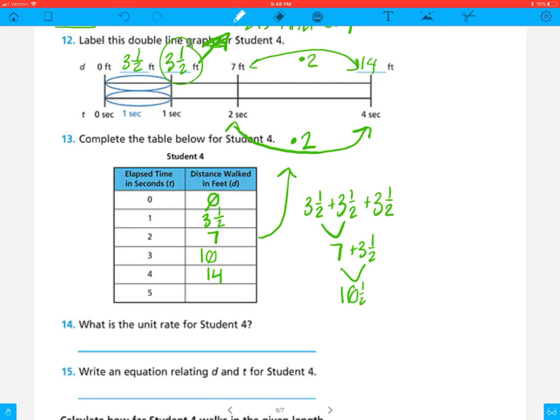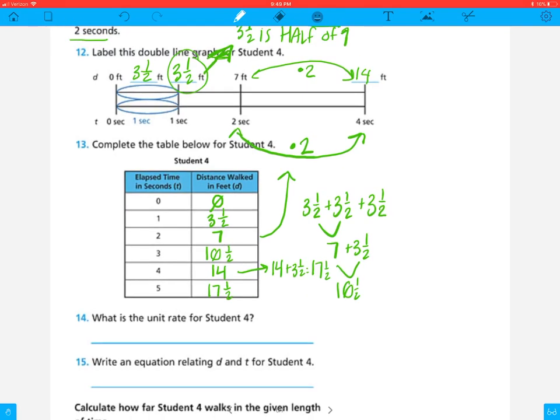So 7 plus 3.5 is 10.5, and for 5 seconds, I could do 5 multiplied by 3.5, or in this case, I will be adding 3.5 to 14 and getting 17 1/2. So unit rate is per 1. It's the lowest it can go, but not to 0. So I would write that the unit rate for student 4 is 3.5 feet per second.